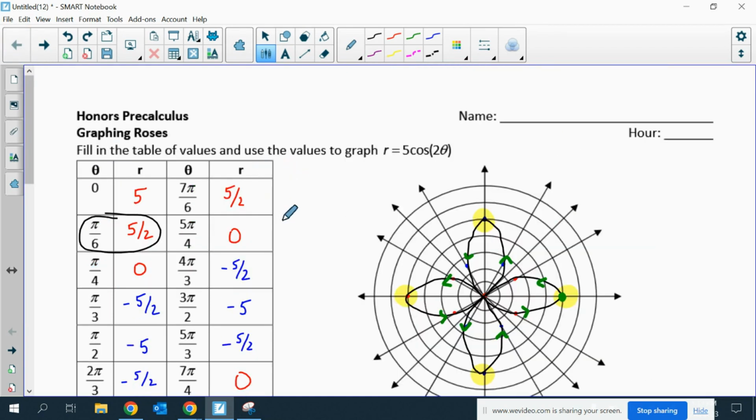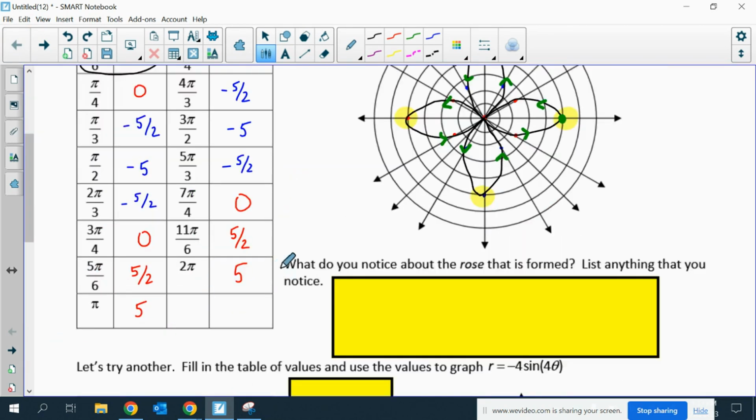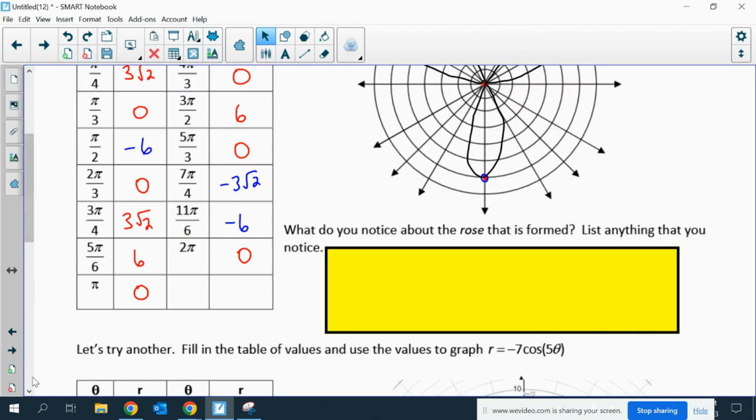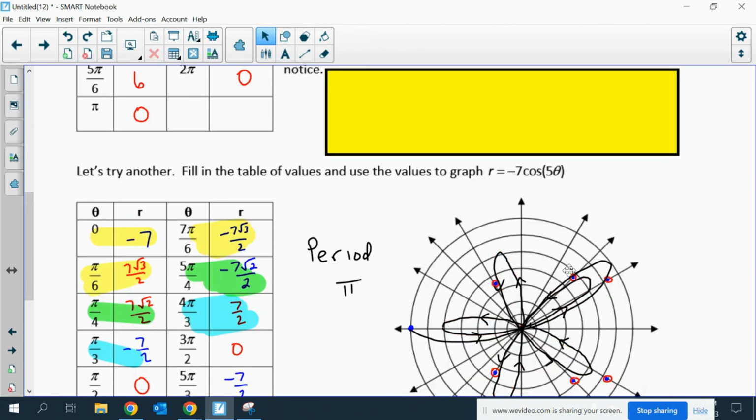Whereas on the front side of this note sheet, I went all the way to 2 pi. I didn't have anything that overlapped. But on these problems, notice that I have all of these points that are overlapping with each other. So the red and the blue end up overlapping.